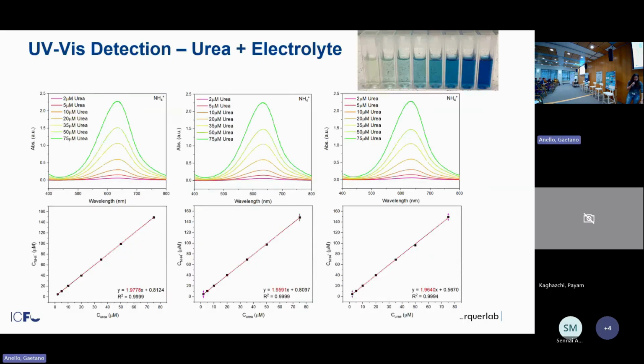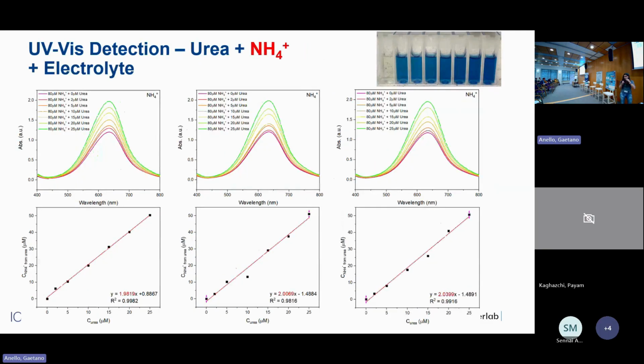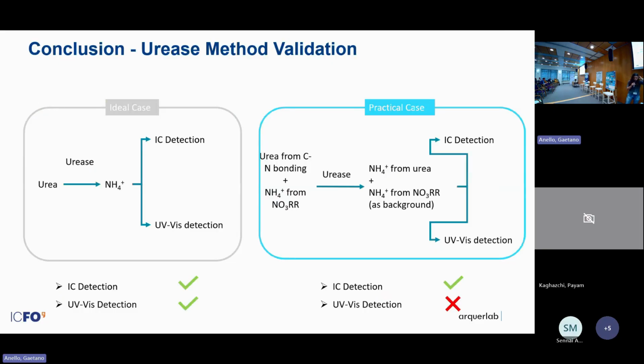With the UV-Vis, when there was no ammonia present initially in the electrolyte, the results were still okay, but when the ammonia was already present, the deviation was much higher. So in his case, it was working quite fine with the combination of urease and IC detection, but still the limit of detection was no less than more or less 3 micromolar, and we were dealing with something much lower than that.